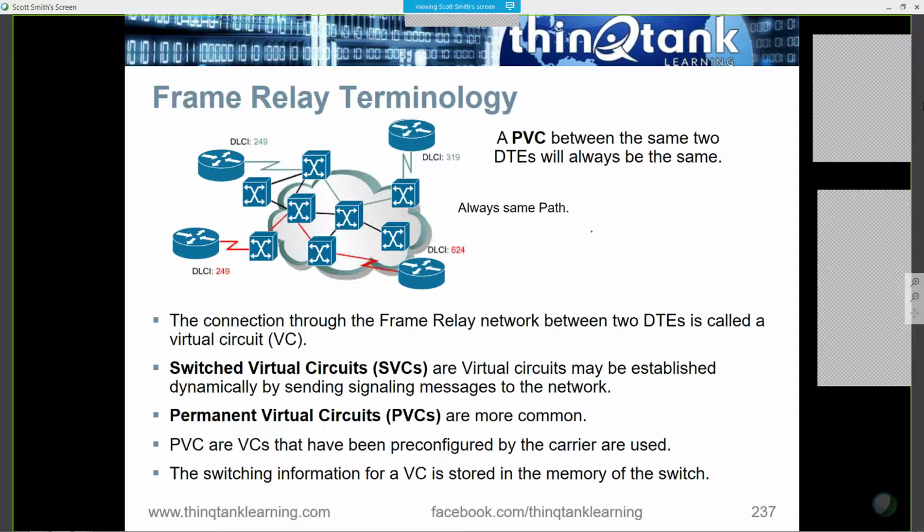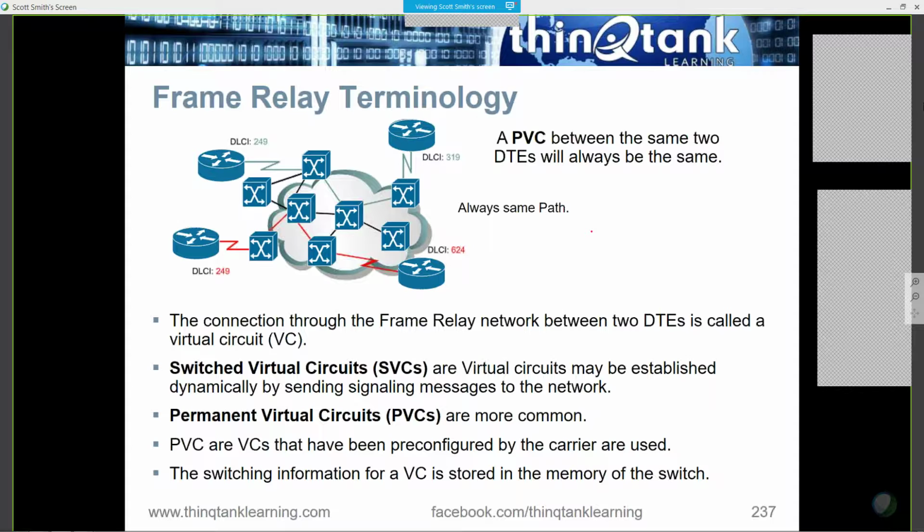Now again, what layer does frame relay operate at? Layer 2. So it's like you're putting a switch in the cloud. So the router on the left with DLCI 249, we'll learn what a DLCI is in a little bit, is actually even in the same subnet as the router on the right with DLCI 319. Because frame relay is layer 2, we share common IP information.